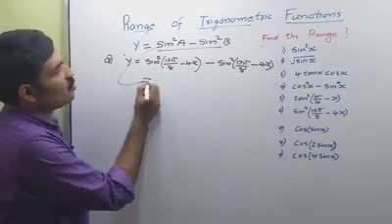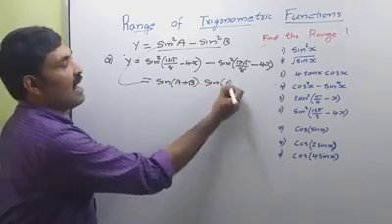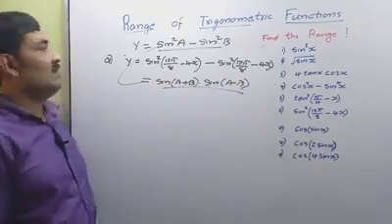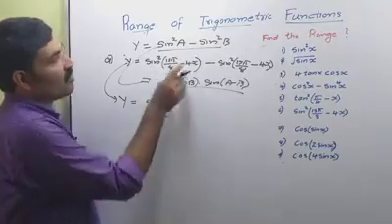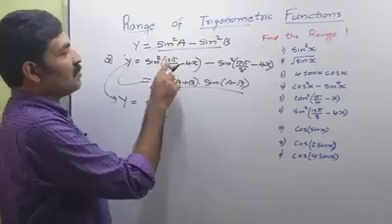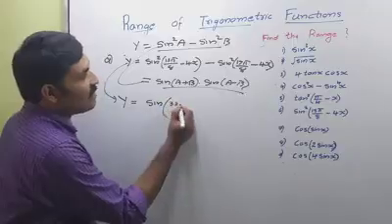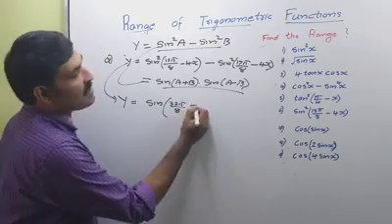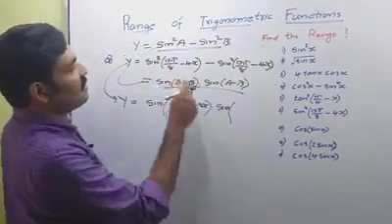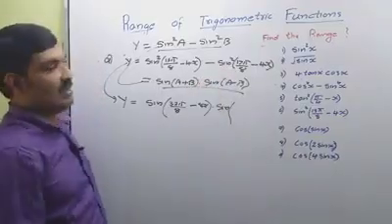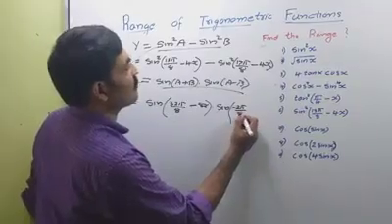So we can write y as sine of the sum of these arguments, that is 15 pi by 8 plus 17 pi by 8, which is 32 pi by 8 minus 8x, into sine of a minus b, that is 15 pi by 8 minus 17 pi by 8, that is minus 2 pi by 8.